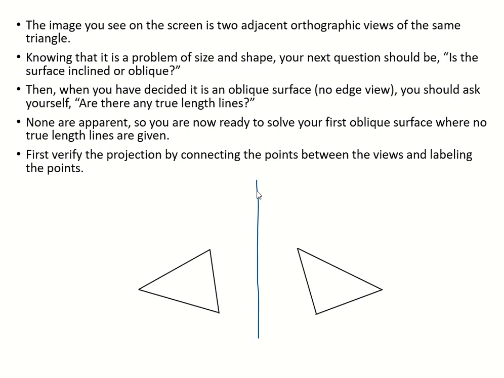I'm just gonna roughly draw a solid line right there, but you know that is a fold line. None of them is parallel to this fold line, even if you draw the perpendicular to the point here. So we don't have it. So definitely you're dealing with a problem where the true length line is not given to you.